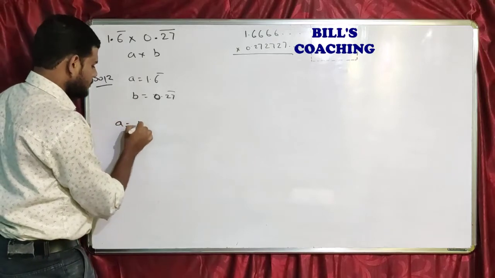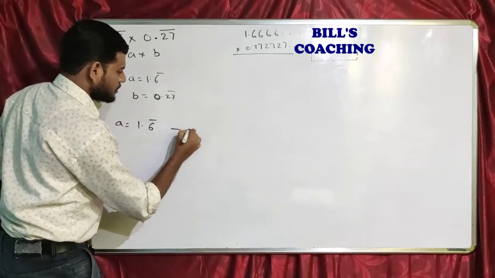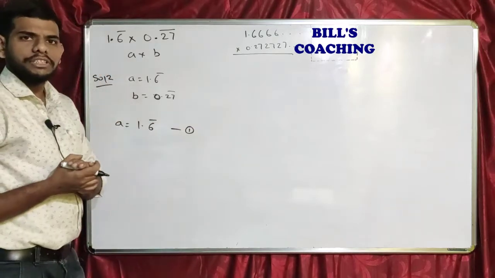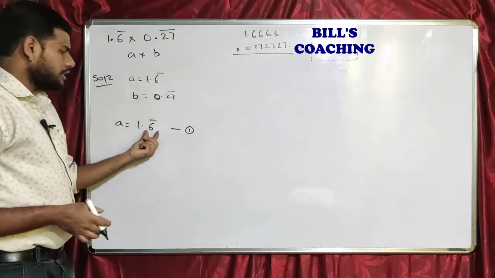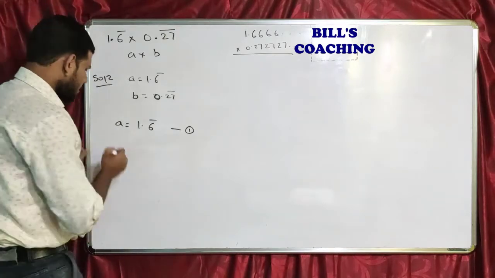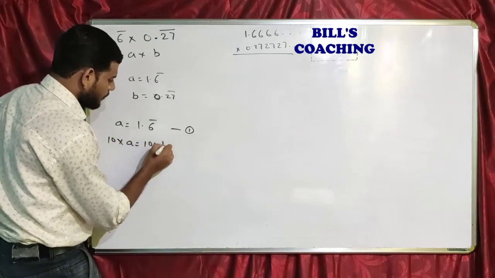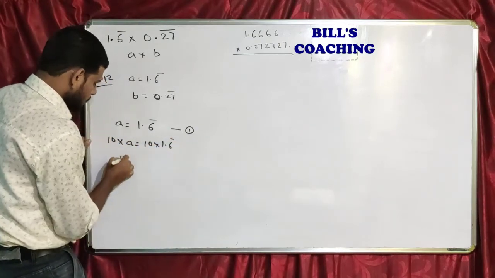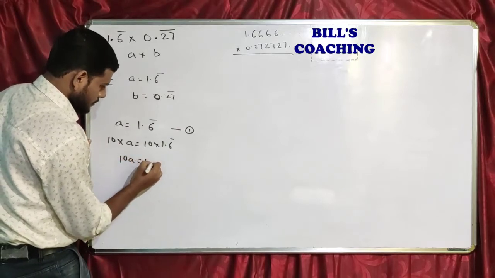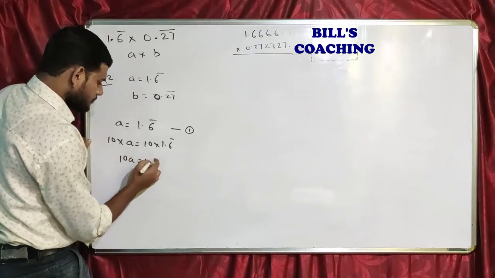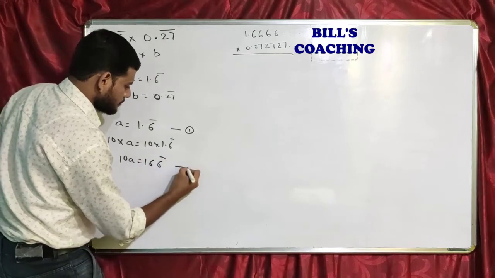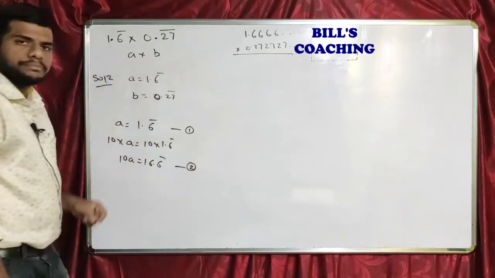Now we have A is 1.6 bar. This is equation 1. Now one decimal is repeating, so let me multiply by 10. 10 multiplied by 1.6 bar will become 10A, which will be equal to 16.6 bar. This is equation 2.